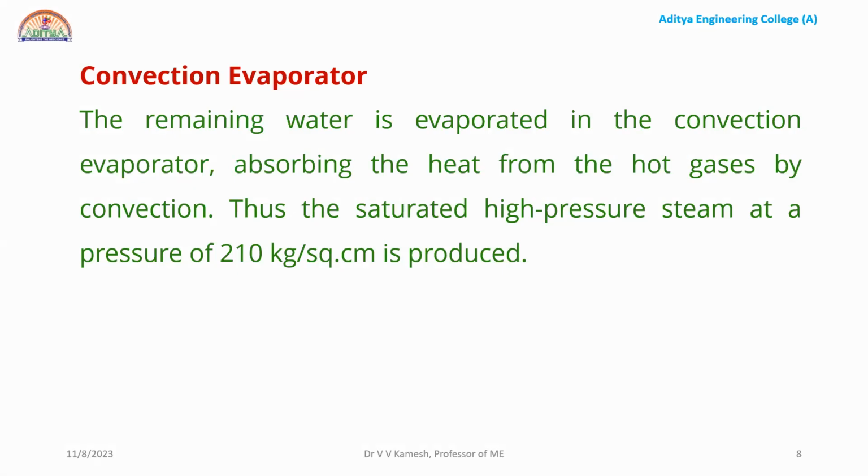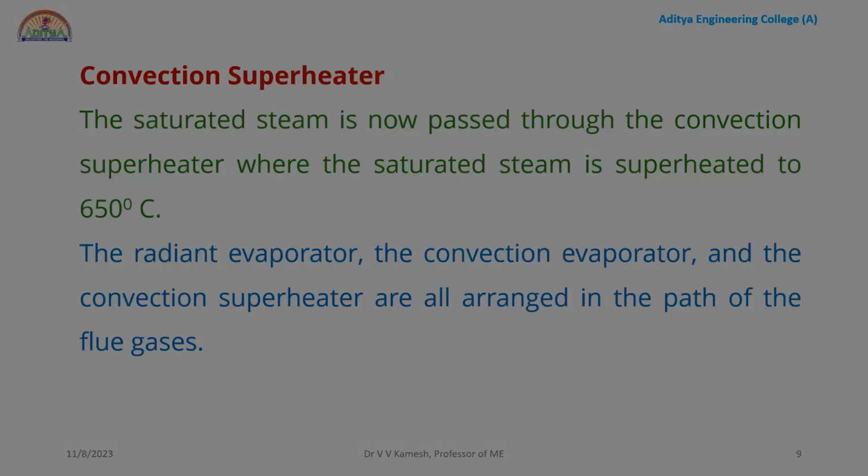If any small amount of water is left over, it is evaporated in the convection evaporator, absorbing heat from the hot gases by convection. Convection means simply surface heat transfer. Thus, saturated high pressure steam at a pressure of 210 kg per square centimeter is produced after the convection evaporator.